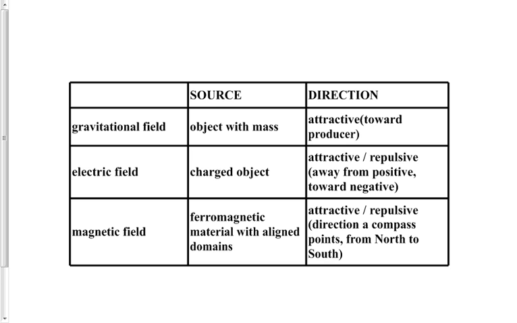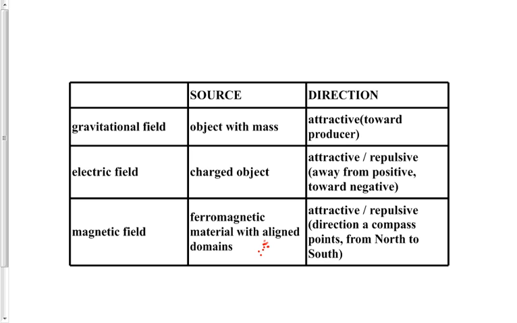Okay, you walk across the carpet and build up a charge in your body, you're going to cause an electric field as well. The objects with charge cause an electric field. And finally, a magnetic field is caused, I don't know why I put this the way I did, by a ferromagnetic material with aligned domains. What's an easier way of writing that, of putting that? What's an easier way of filling in that box right there?